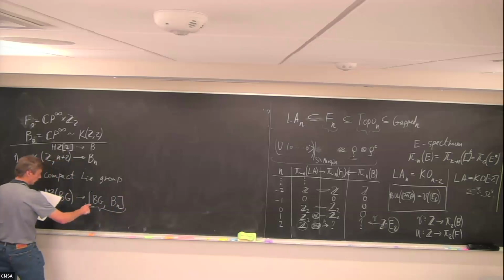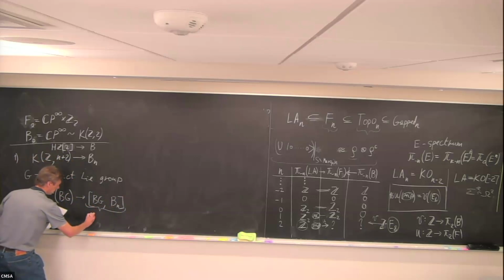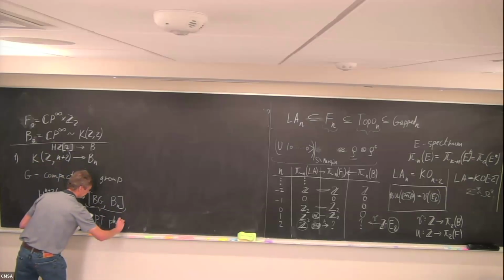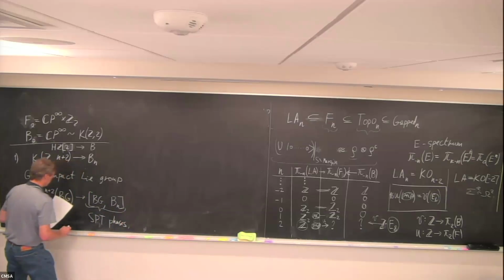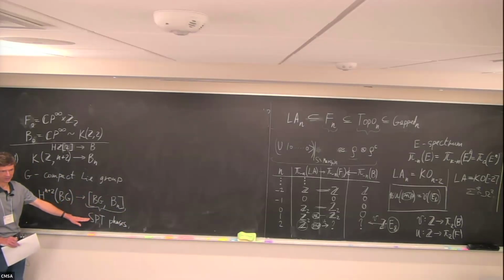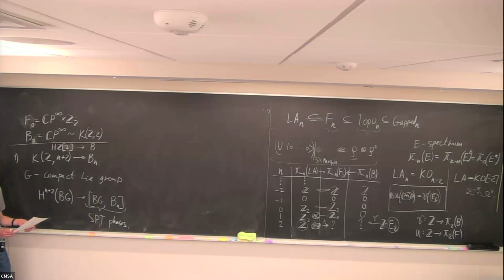And such maps describe SPT phases, symmetry protected topological phases. So given an element of this cohomology group, we can produce a symmetry protected phase. And that was first done by Chen, Gu, Liu, and Xiao-Gang Wen.